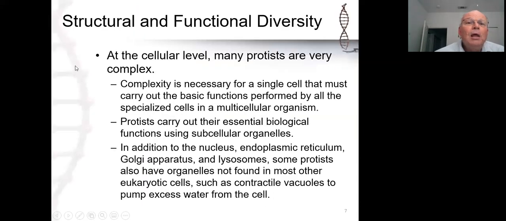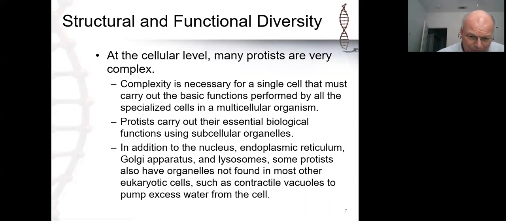When we start looking at the cellular level, we also find a huge diversity of different types of structures. So we know that there are uniform structures that are recognized within eukaryotic cells. So you see a small list of them down here: the nucleus, endoplasmic reticulum, Golgi apparatus, lysosomes.